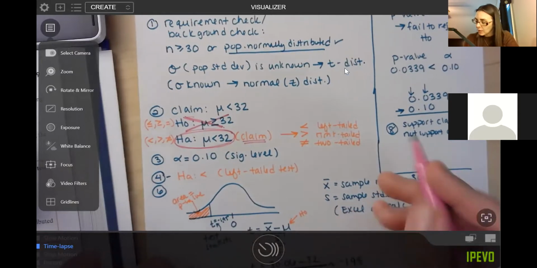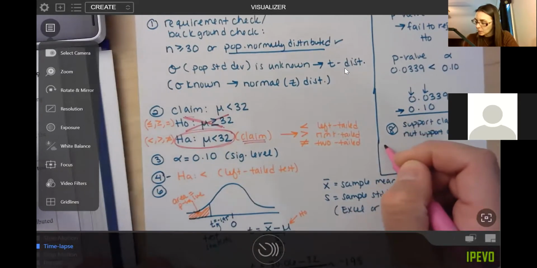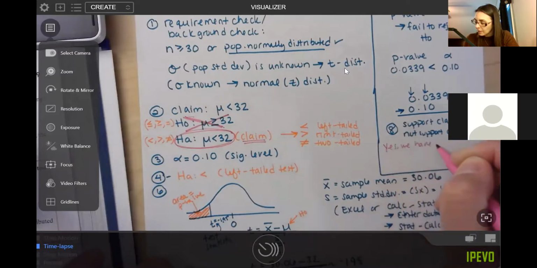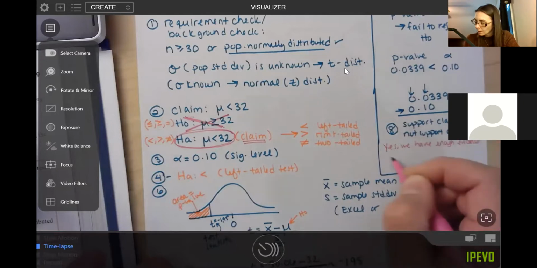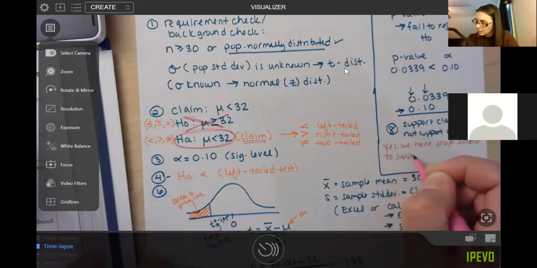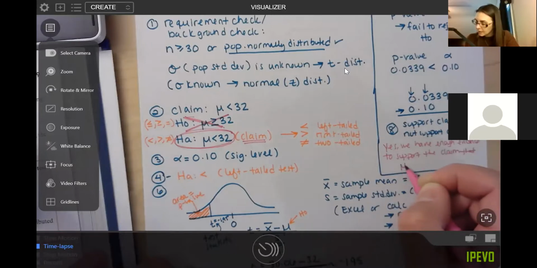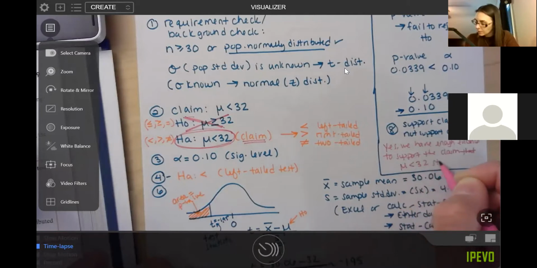So we do have enough evidence. So yes, we have enough evidence to support the claim that the mean is less than 32 students.